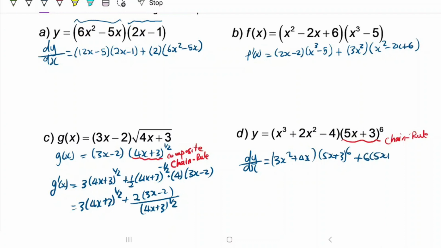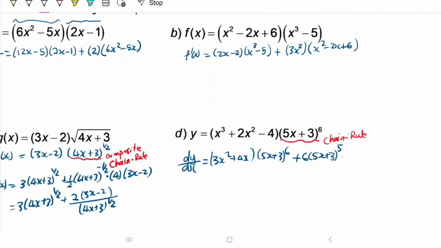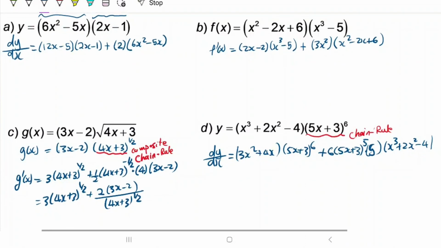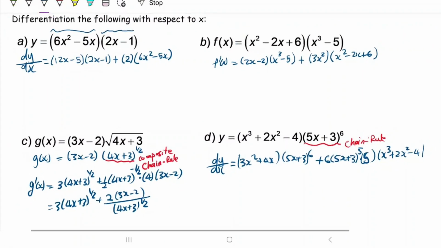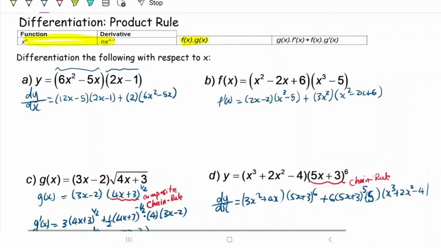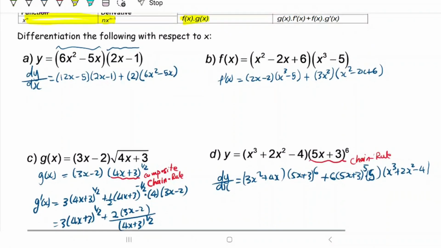So this will be 5x plus 3 all to the 5, and then multiply by the inner function, which is now the derivative, just 5, and then we keep that first function that we have there. So this is how we do the product rule. I hope this has made sense and you understand it, and we shall see you in the next video.